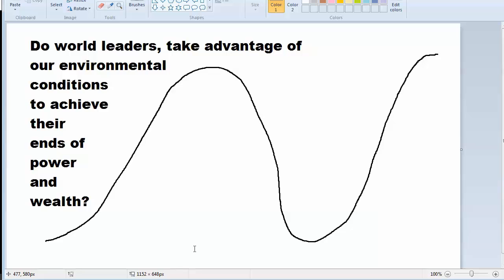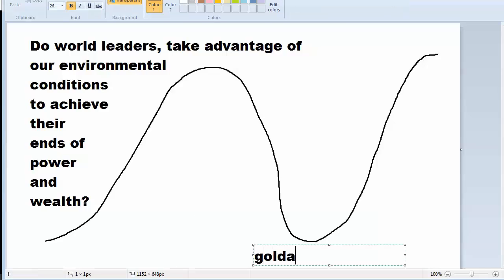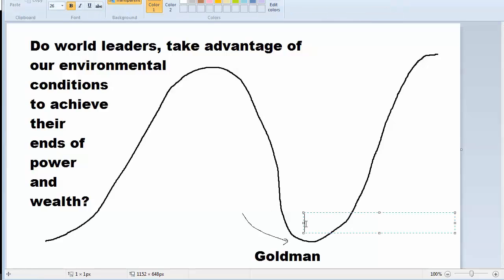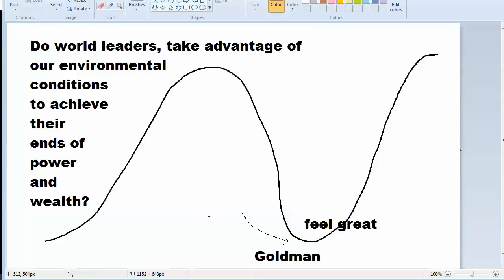Okay? So, if I'm Goldman Sachs, where am I going to start to build a position in my economy? Right here. People are starting to do what? I feel great. I feel good. What happens when people start to feel great?